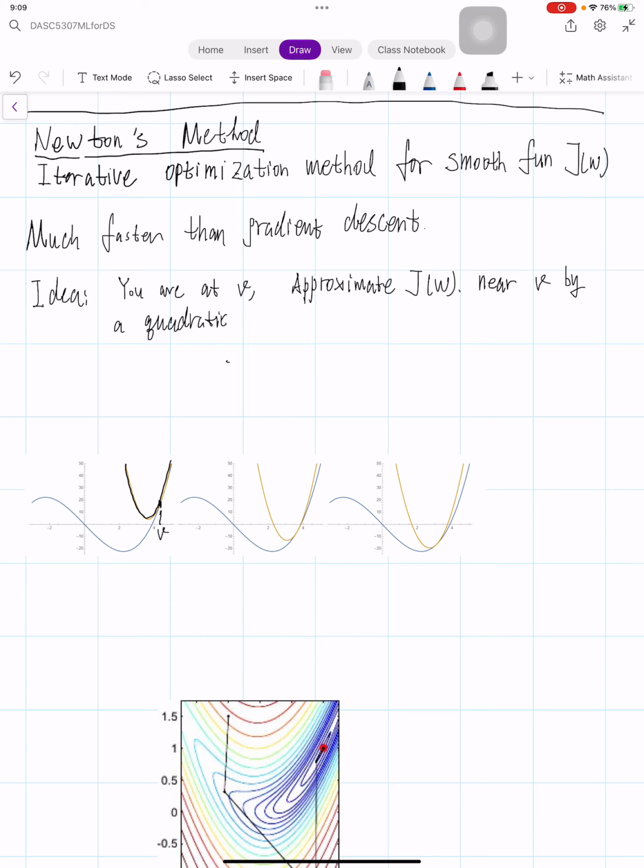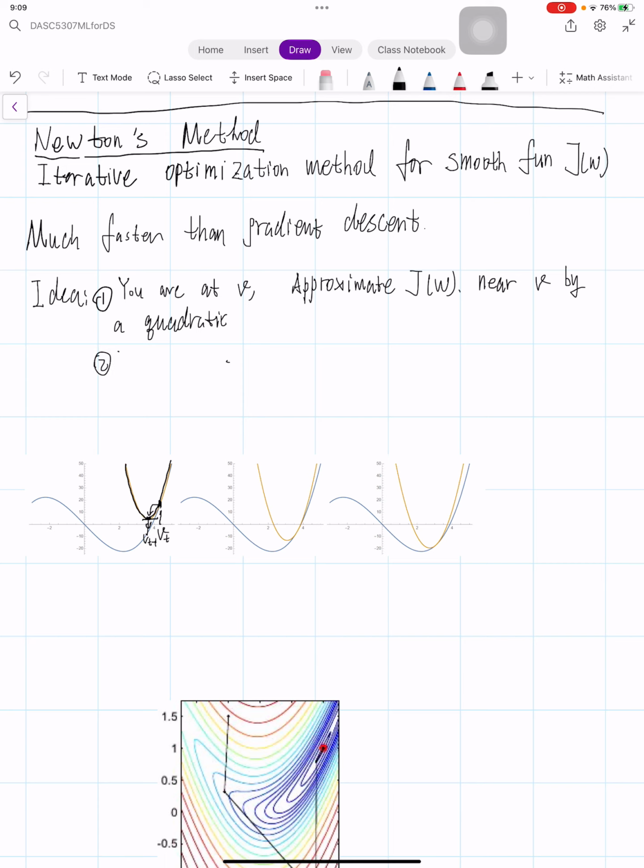Then for the next step, instead of going by a learning rate, we go to the critical value of this parabola. So if this is v_t, this is v_{t-1}. That's the first step.